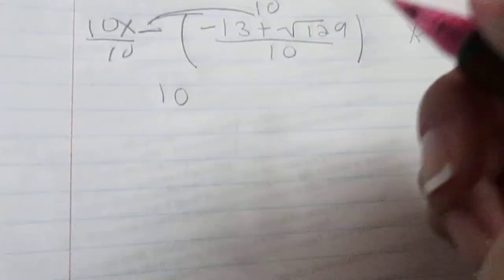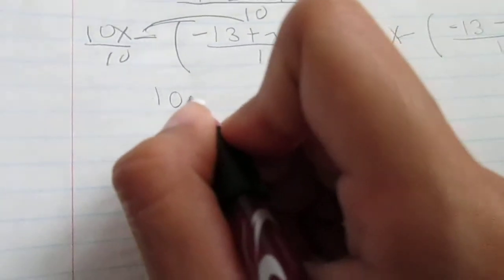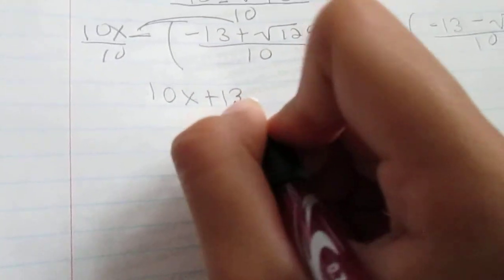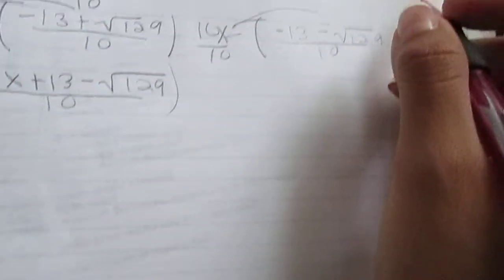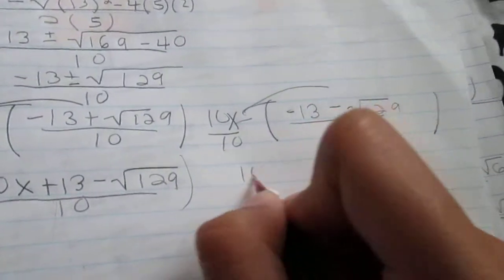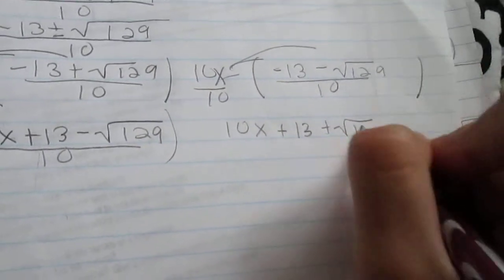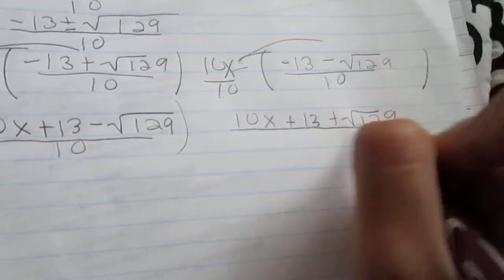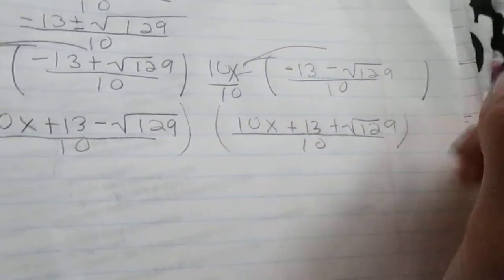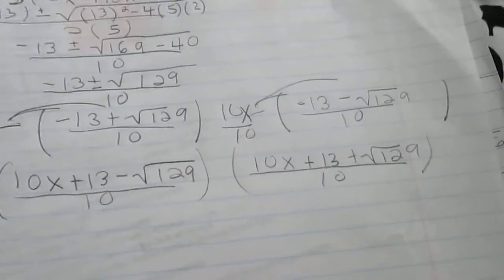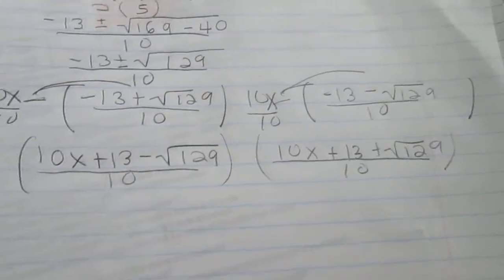And we distribute the negative. So 10x plus 13 minus the square root of 129 all over 10. And we do the same over here. Distribute the negative. So 10x plus 13 plus the square root of 129 all over 10. And those are factors. Our remaining two factors are imaginary.